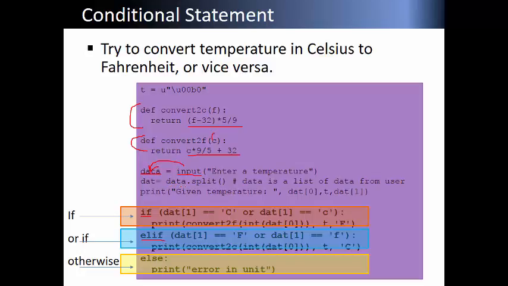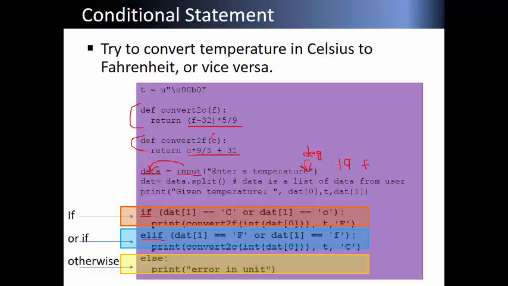Okay, data split. Say the user enters something like 19 F, Fahrenheit. There's a space. You better say here, degree and C or F, something like that. You have to kindly suggest it.